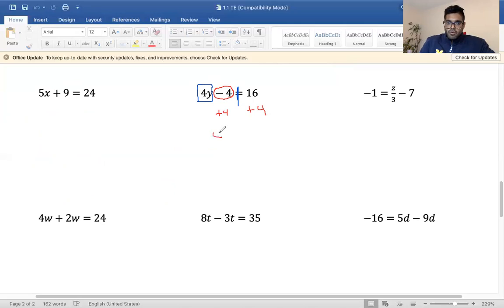And so now I'm left with 4y equals 20. And again, the operation is multiplication. 4 times y equals 20. How do I undo it? Divide. What's 20 divided by 4? y equals 5.